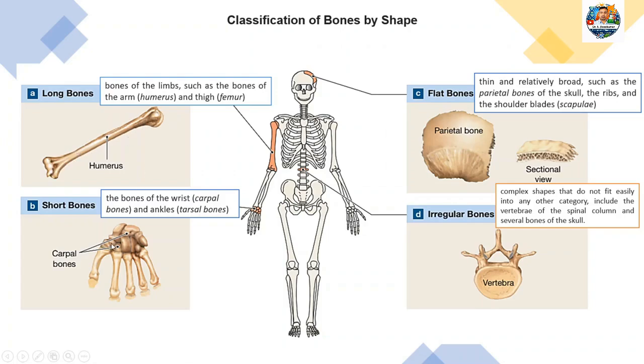Whereas in case of short bones, the breadth and length of the bone are of similar dimensions. In case of flat bones, these are thin and relatively broad. And the last one, the irregular bones, they do not have any specific shape, and they have relatively complex shapes when compared to the other 3 types of bones.